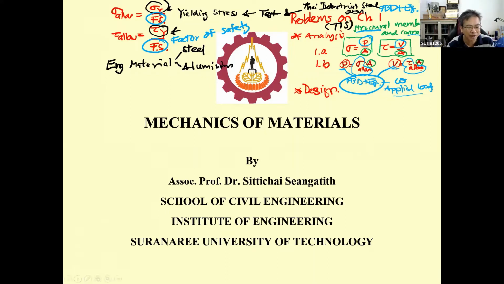And the last one is design. We write the equation again. From this equation, you are going to determine the A, the size of the cross section. So you take the A over here, so the equation is going to be P over sigma allowable. Again, we are going to provide you with the allowable stresses.